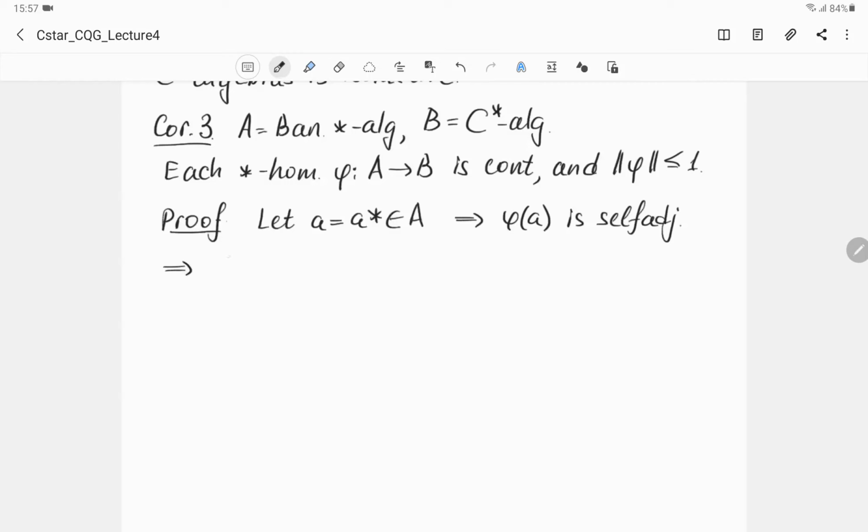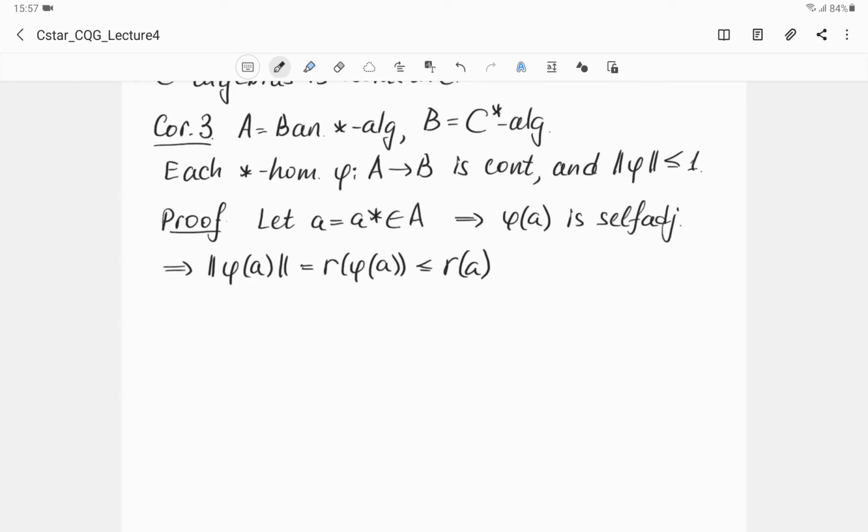And so the norm of phi of A equals the spectral radius of phi of A. But the spectral radius of phi of A is less than or equal to the spectral radius of A, because we can extend phi to a unital homomorphism from A plus to B plus, and we know that a unital homomorphism of unital algebras doesn't increase the spectrum.